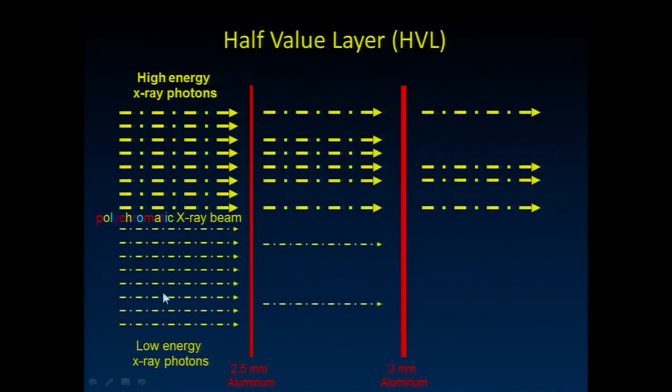When you have a polychromatic X-ray beam, the second half value layer is always greater than the first, because with a polychromatic X-ray beam, we preferentially take out lower energy X-rays. The mean energy of the beam gets higher. The quality of the beam gets higher.